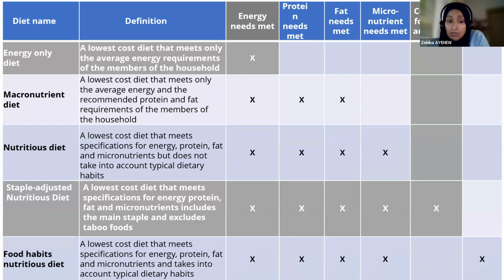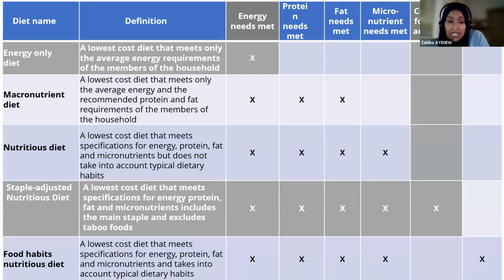Then comes the staple adjusted nutritious diet, which is relevant in the Fill the Nutrient Gap analysis, where we adjust the diet for the staple that is locally consumed in the area where we're doing the analyses. And it essentially meets the needs of the macronutrients as well as the micronutrients, but it takes into account local preference when it comes to the staples.